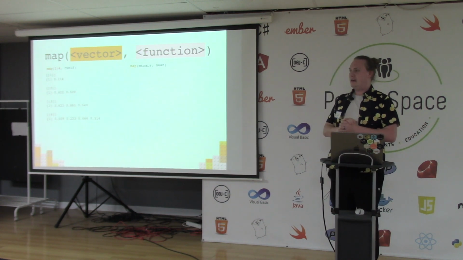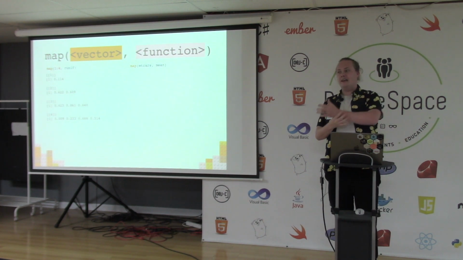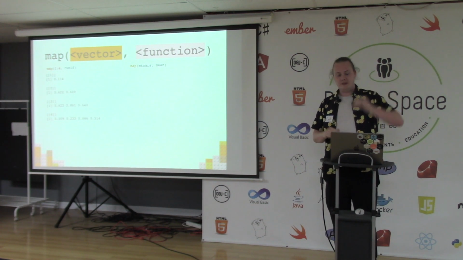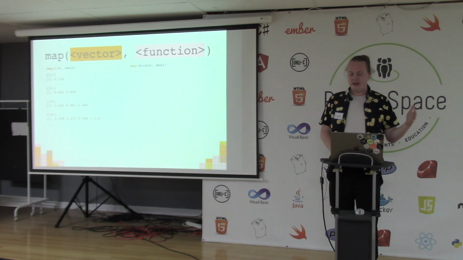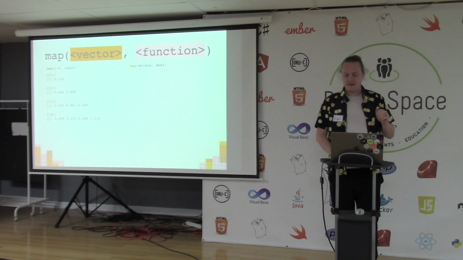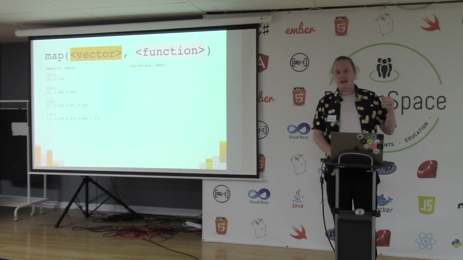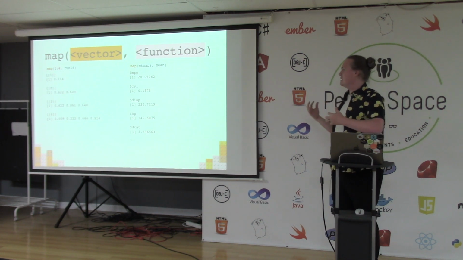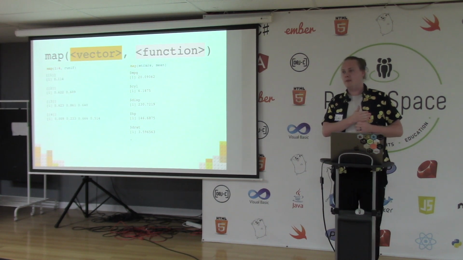Since data frames are technically lists with the added constraint that they have to be the same length, we can also map over a data frame, because we just map over a list underneath. So if we want to map over an empty task data set and apply the mean, it calculates the mean of each column.